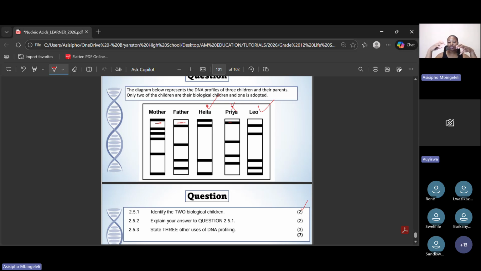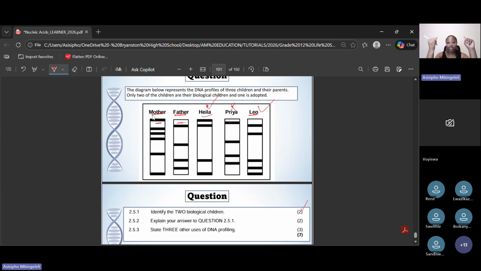So here you can speak about some of the DNA. We can use the word some, because remember I said as much as I speak about 50 and the number, you don't look at the number because they would have just used the section. Some of the DNA of Hila and Leo are found in the same position of the mother and the father.